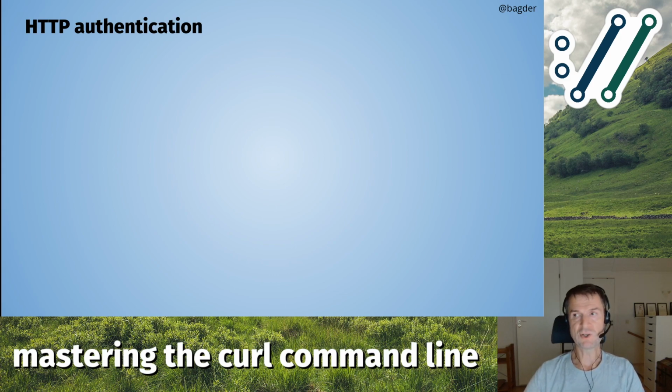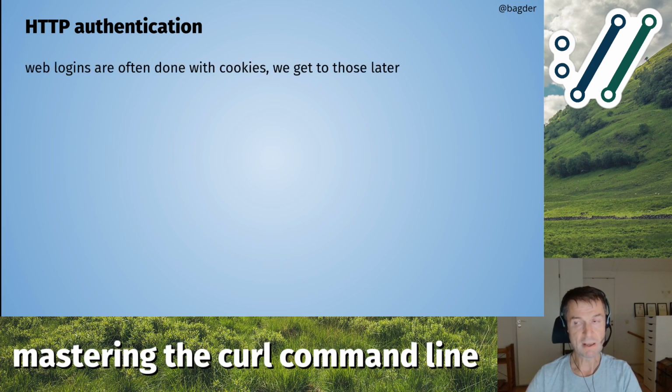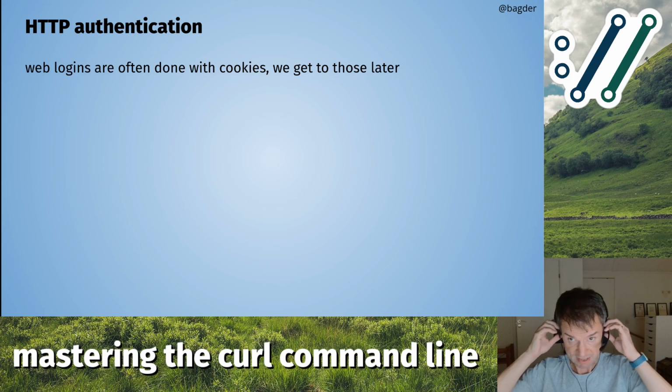There's this authentication in HTTP, which basically means credentials, right? So you want to prove that you have the right to get stuff. Usually these days when you do web logins on the web, it's not done with HTTP authentication, mostly because people want to control the login experience.